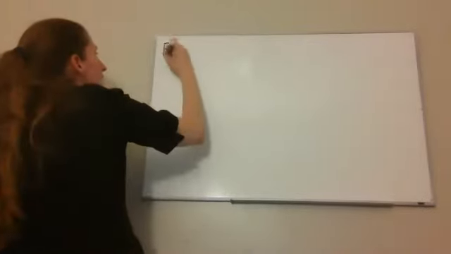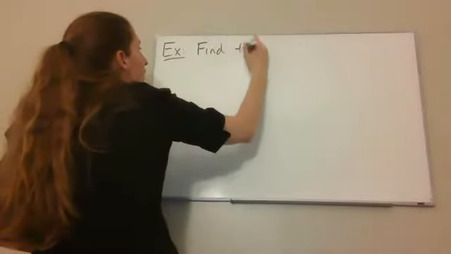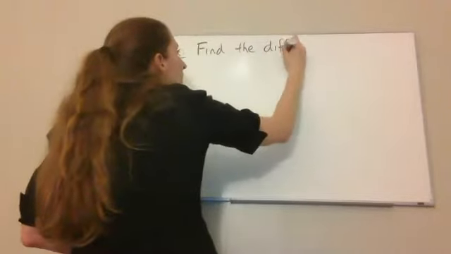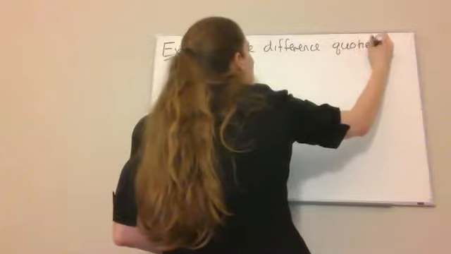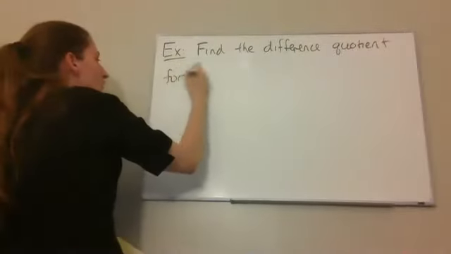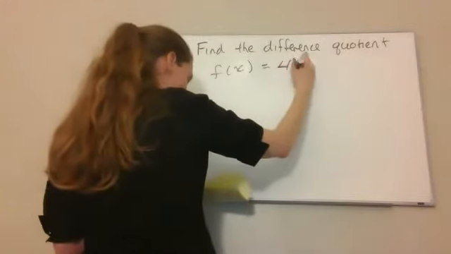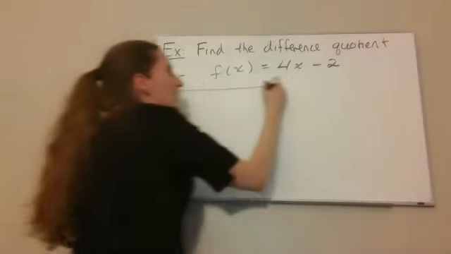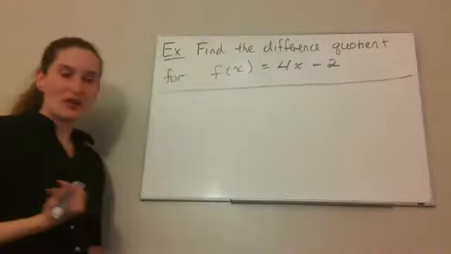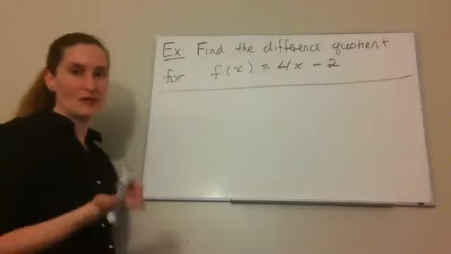So example. Find the difference quotient for the function f of x equals 4x minus 2. So I would suggest, until you have it completely memorized, write down the definition for your difference quotient every single time.